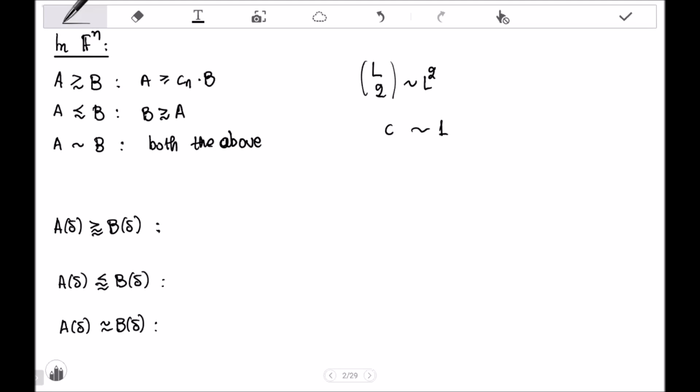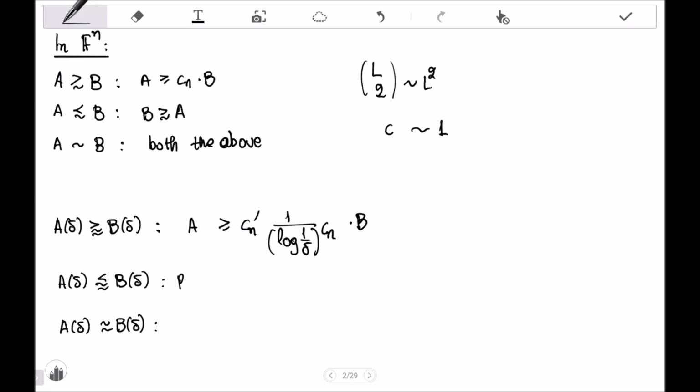Now with two wiggles below, let's say we have quantities A and B that depend also on a parameter delta that can be as small as it wants. Then A is bigger than B in this sense with two wiggles, if A is allowed to be quite smaller than before. It can be at least, or even as small as, 1 over log of 1 over delta to a power that only depends on the dimension, times B. And we allow a constant at the front that again only depends on the dimension.